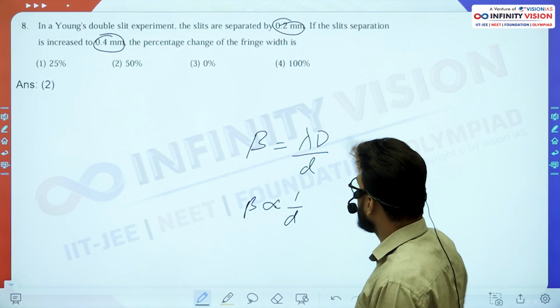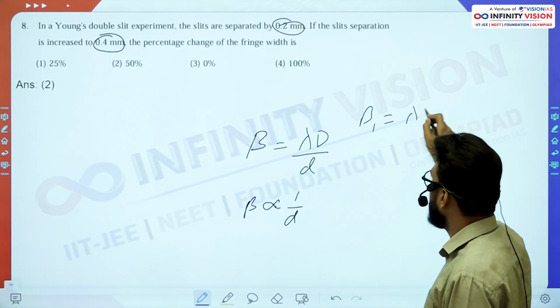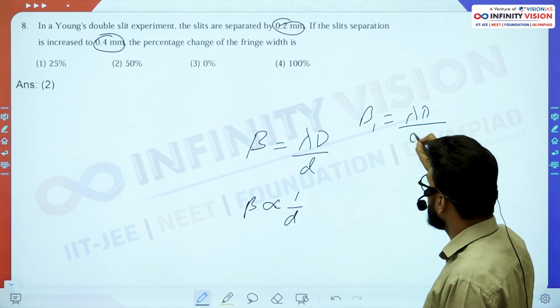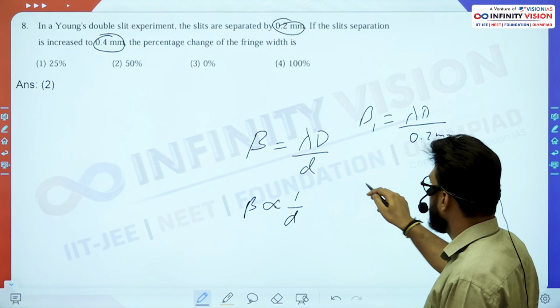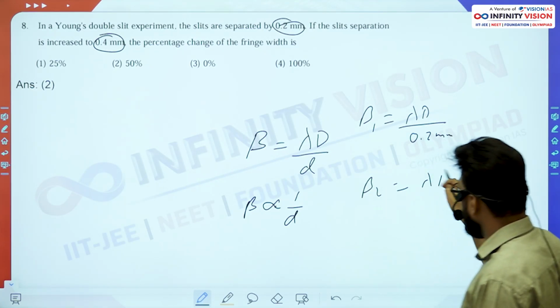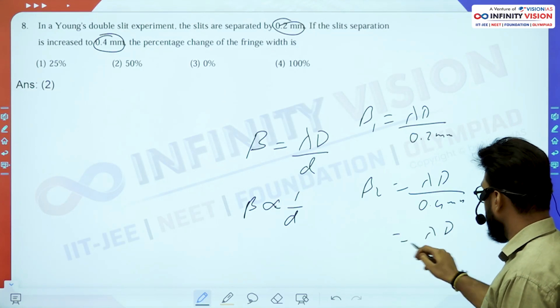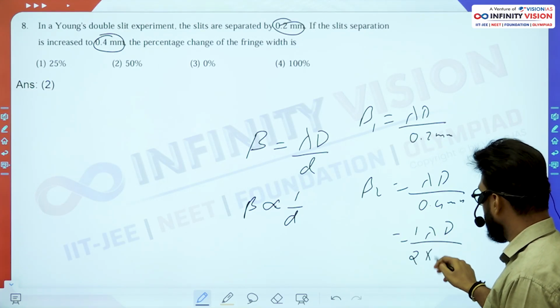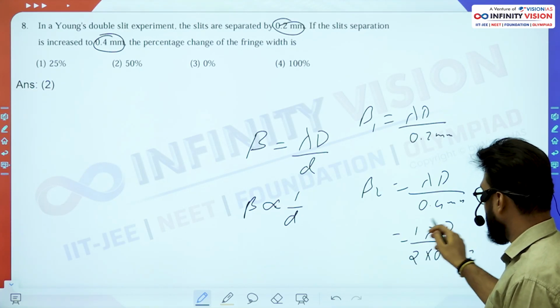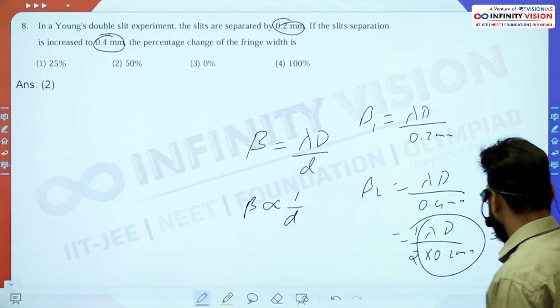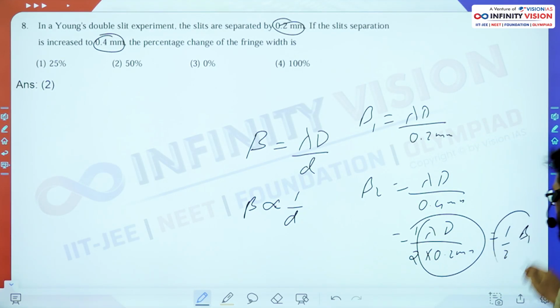Initial fringe width beta 1 is lambda D by 0.2 mm. Beta 2 would be equal to lambda D by 0.4 mm, which is nothing but lambda D by twice 0.2 mm. So this is half of beta 1.